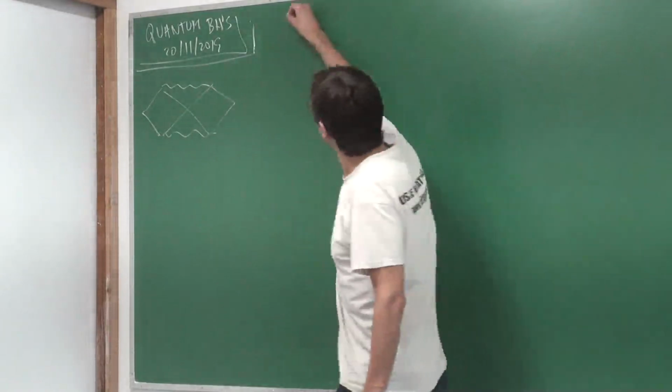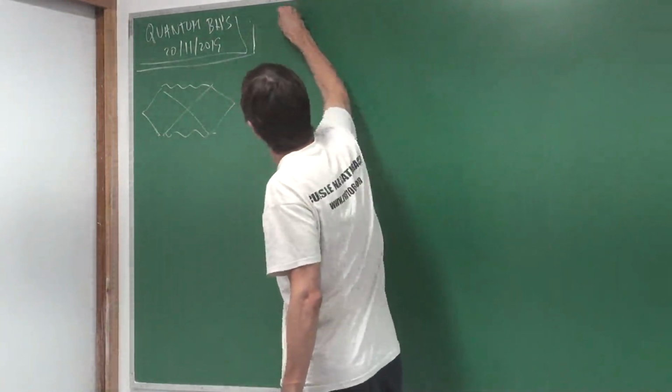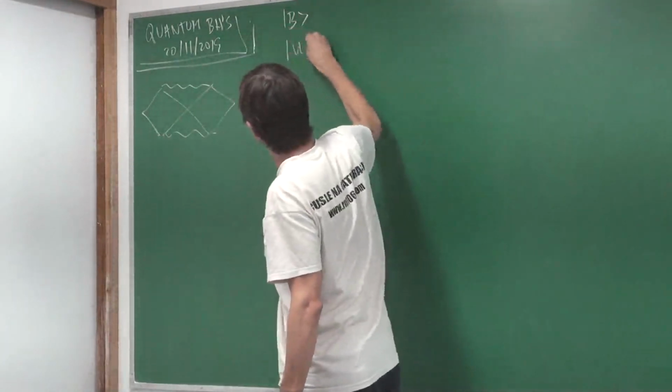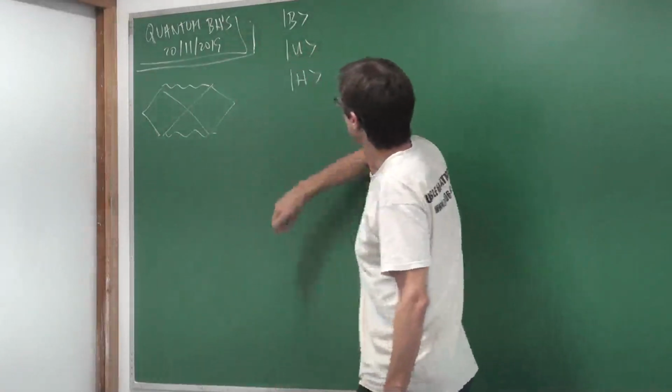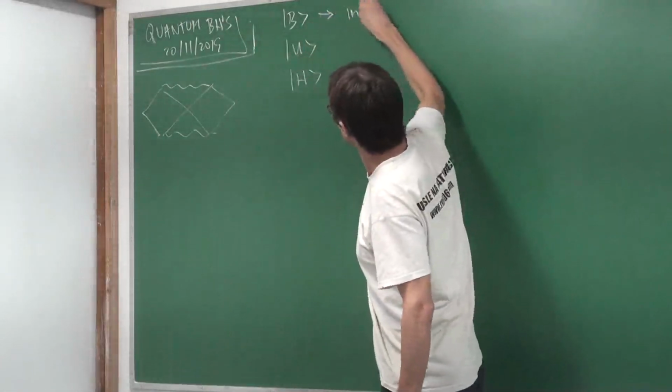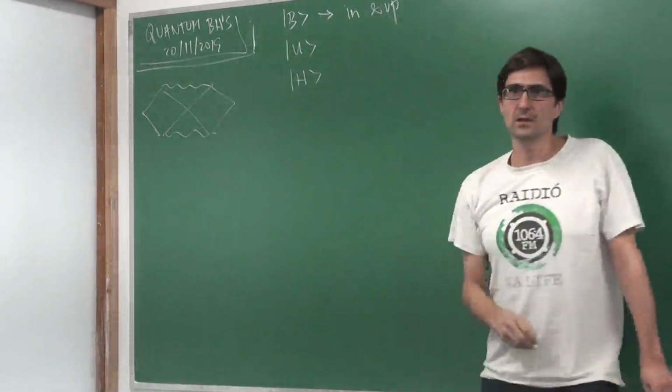So there's the Boulware state, there's the Unruh state, and there's the Hartle-Hawking state. These are defined in terms of the in and out modes.